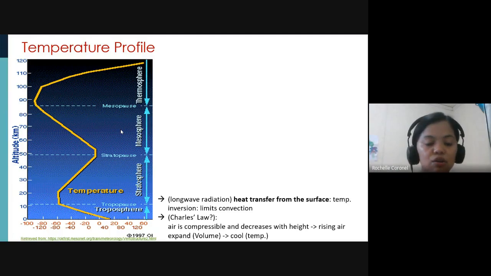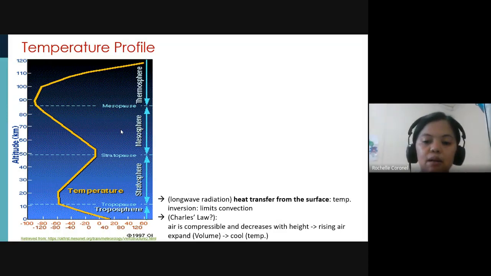All energy comes from the sun, hits the surface of the earth, and then the earth cools down, and as it cools down, it releases heat in terms of long wave radiation. Later we will discuss more about this radiation from the sun and radiation from the earth's surface.